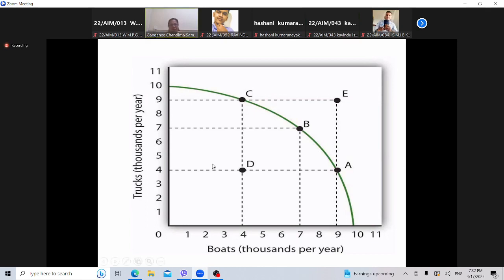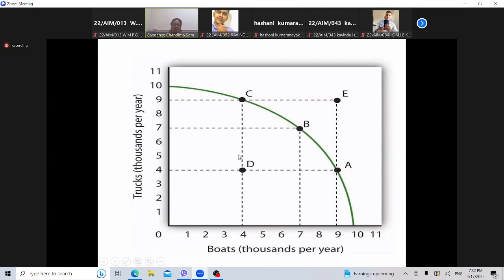I'm asking about point D. In point D, are these two producers using maximum resources? No. That's why point D is inefficient.